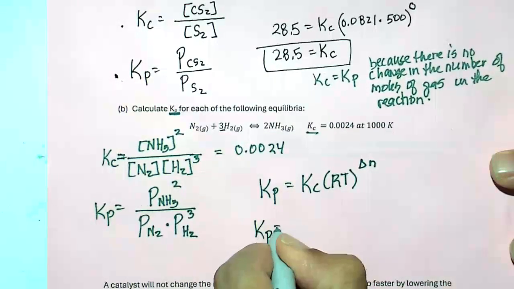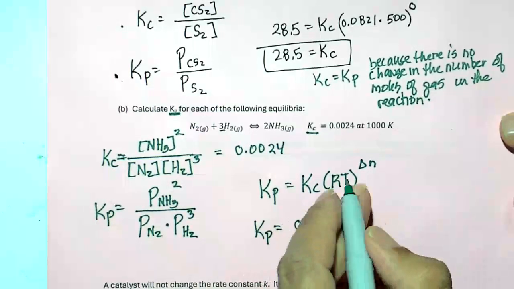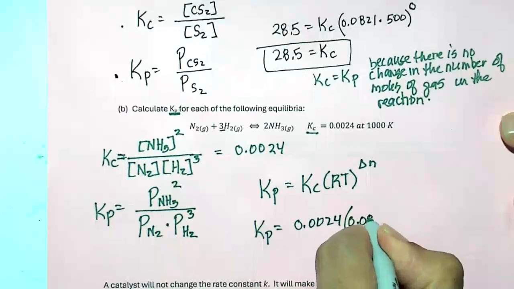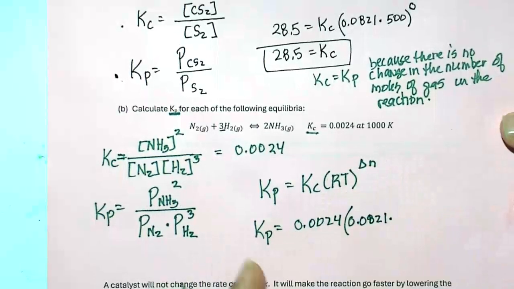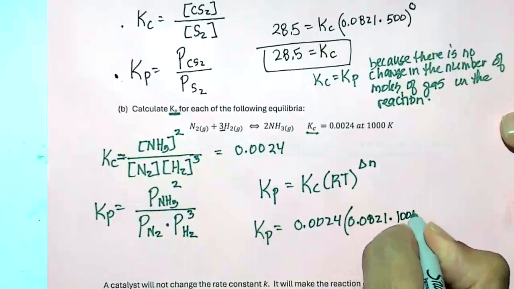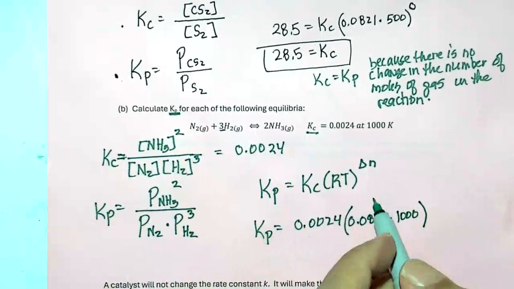So Kp is what we're looking for here. Kc is 0.0024. R is the gas constant, 0.0821, times temperature T, which is 1,000 Kelvin. There are no units, so don't worry about it.